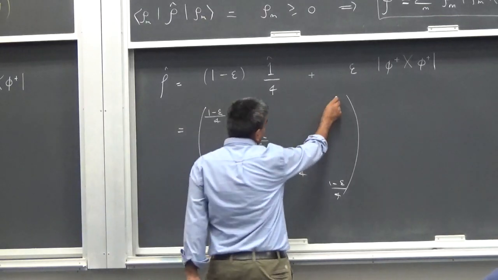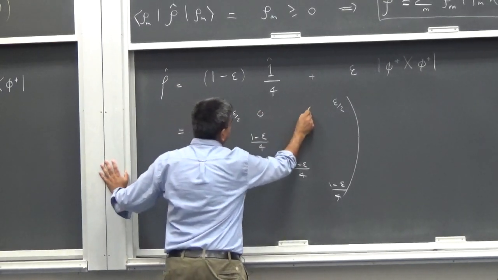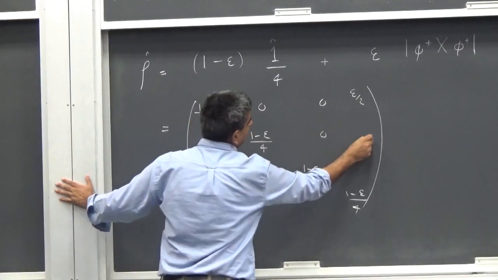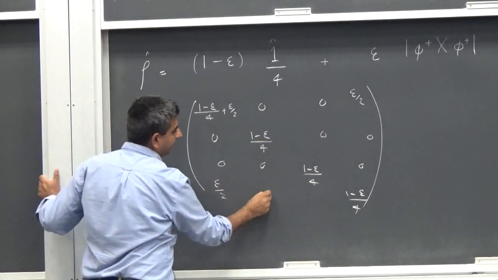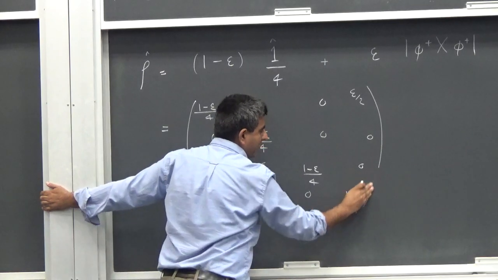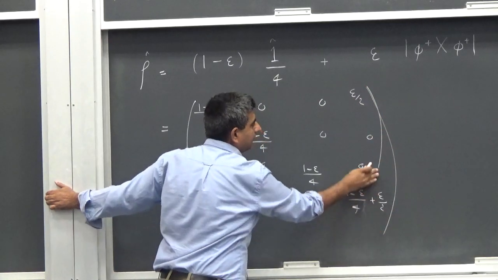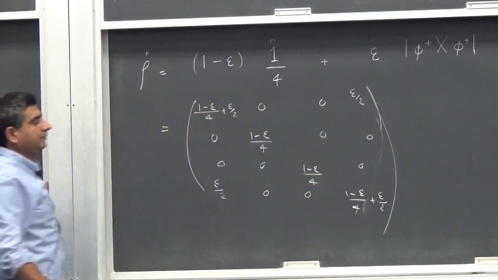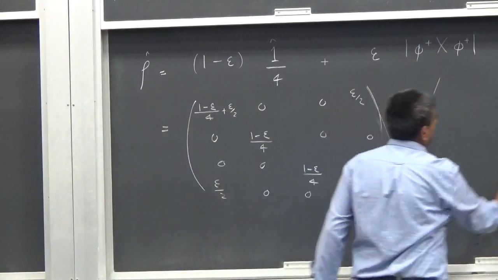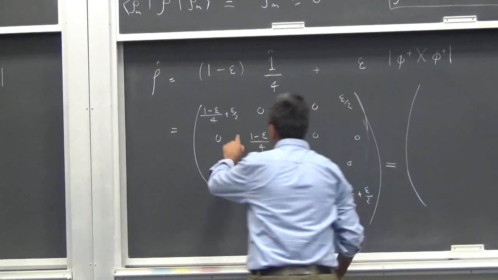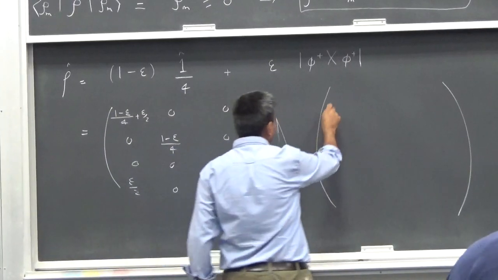So I'll get an epsilon over 2 here plus an epsilon over 2 here, zeros elsewhere, and epsilon over 2 at the other corners. This will become (1 minus epsilon) plus epsilon over 4, correct?